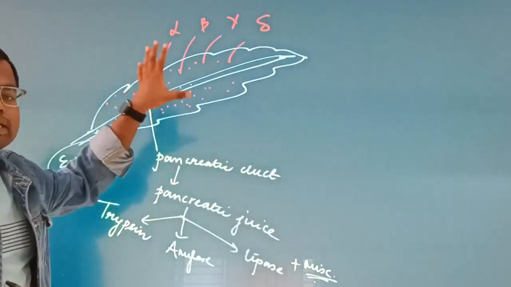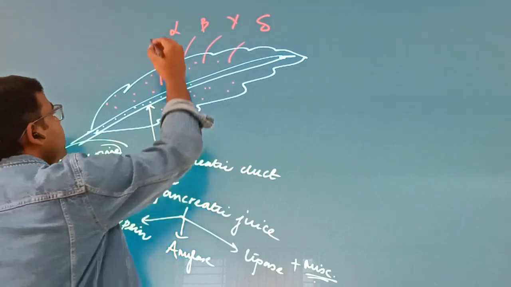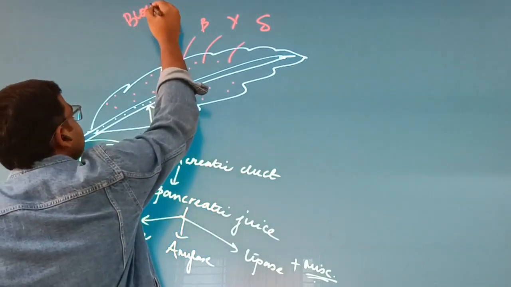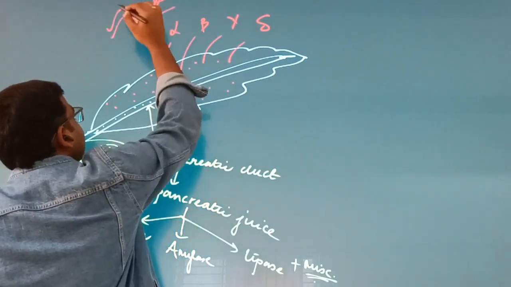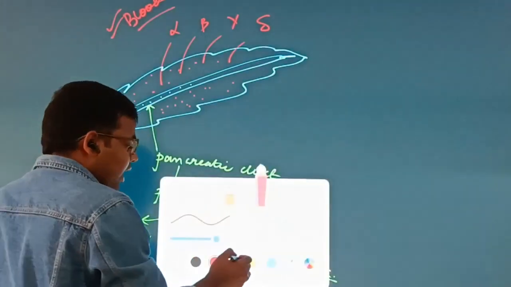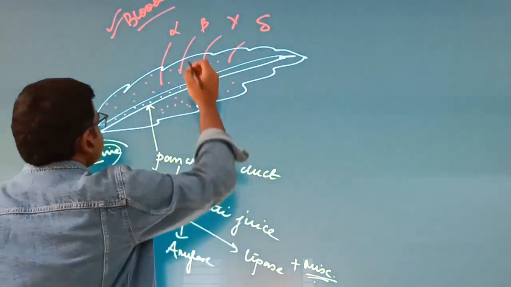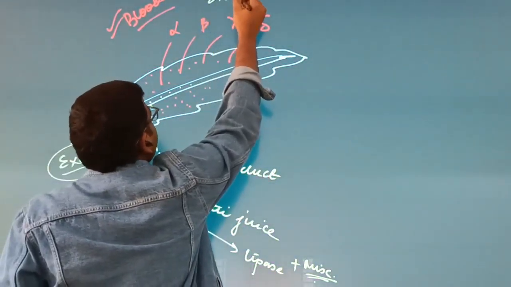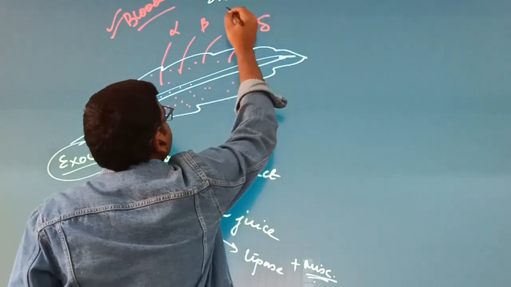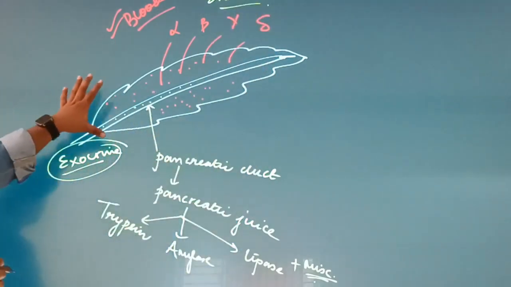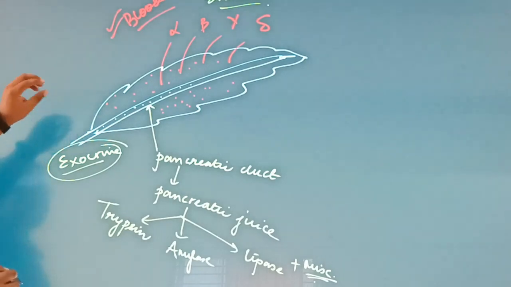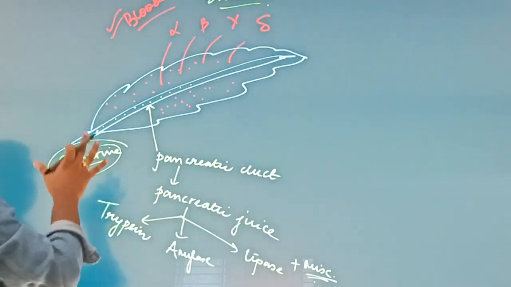These cells secrete their secretion directly into the blood without any duct. It means this is acting as which type of gland? This is acting as endocrine. Therefore, this kind of gland is called mixocrine, because both functions are being performed, exocrine as well as endocrine.